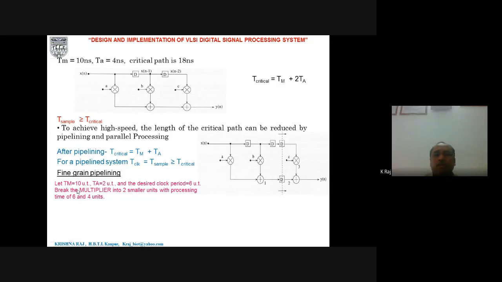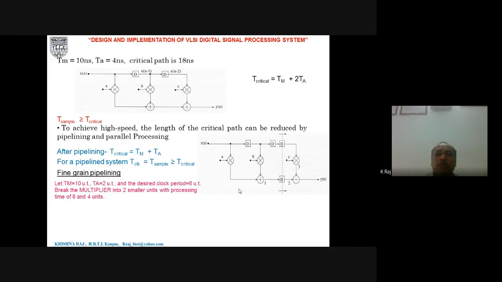Now suppose this multiplier has been broken into two sections, one having the 2 unit time, and the second one has the 4 unit time. So in this case, if it has been broken into 4 nanoseconds and 6 nanoseconds, the longest path will have 6 nanoseconds plus 2 nanoseconds, that is 8 nanoseconds T critical path.